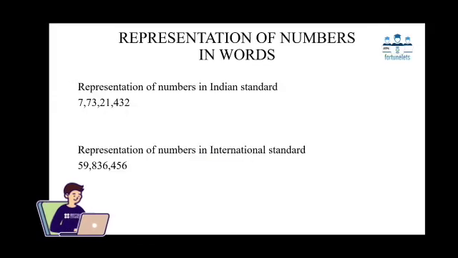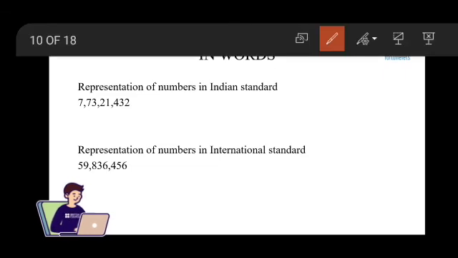So far you have learnt about the international and Indian place value systems and how to insert commas in their appropriate place. Now let's learn how to represent them in words. Here the given example for the Indian standard system is 7 crore 73 lakh 21,432. So this is the given number.